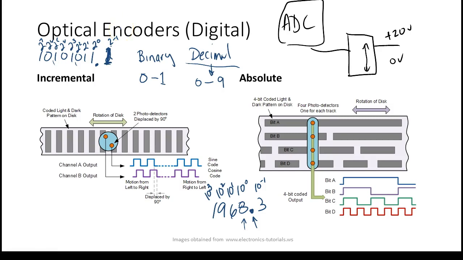Now, what's nice about the binary number system is any number raised to the 0 power is 1. And then 2 to the first would be what? 2. 2 squared would be 4. 2 to the third would be 8.